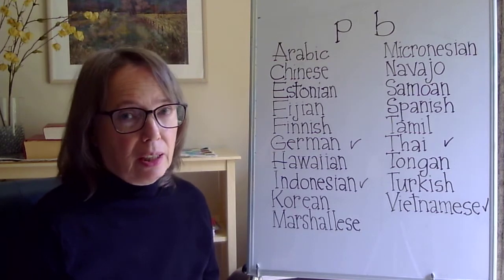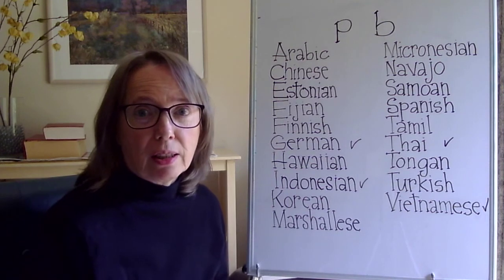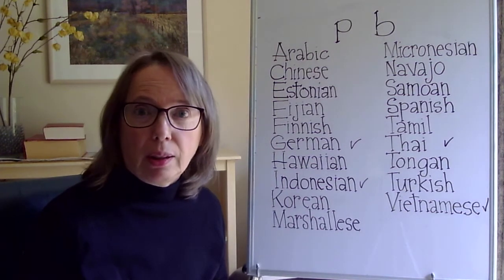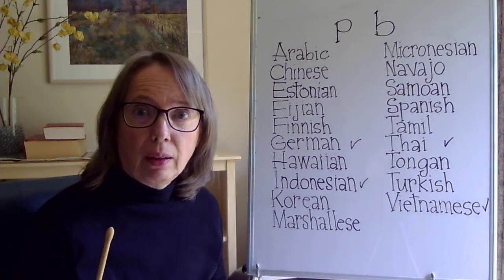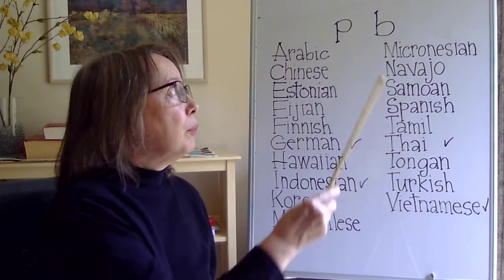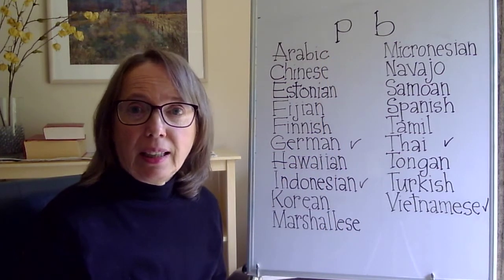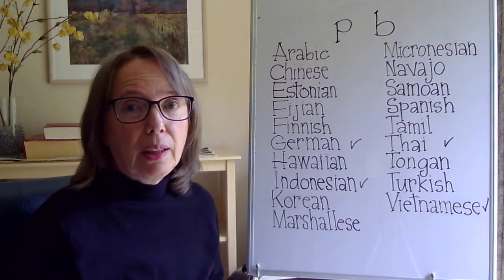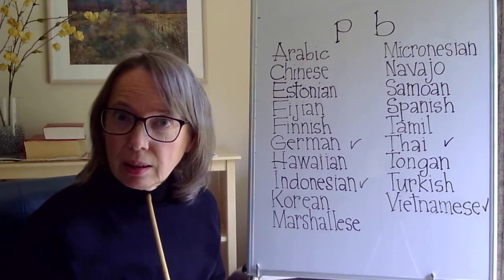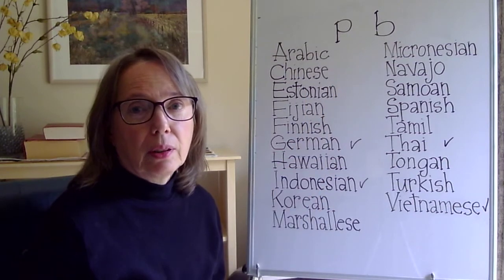The difference is P is voiceless, meaning it is produced only with air moving out. B is also produced that way, but it is voiced, meaning that you turn on your larynx for the sound of a B.